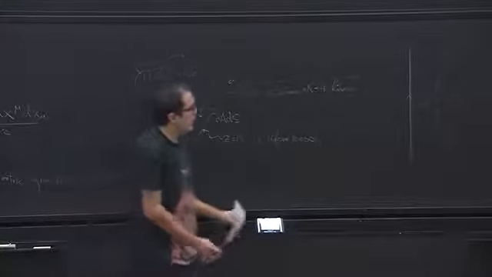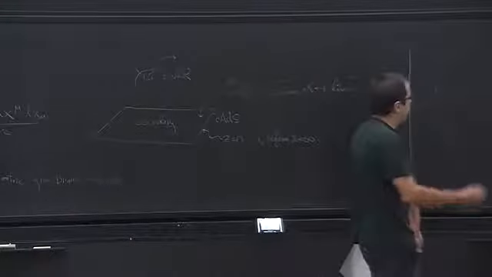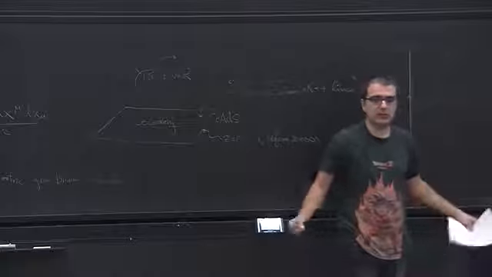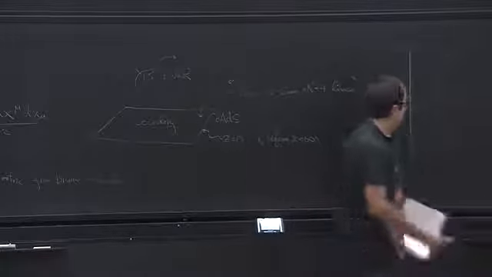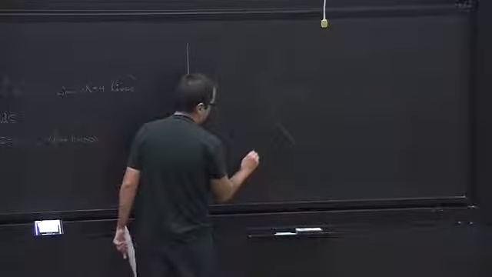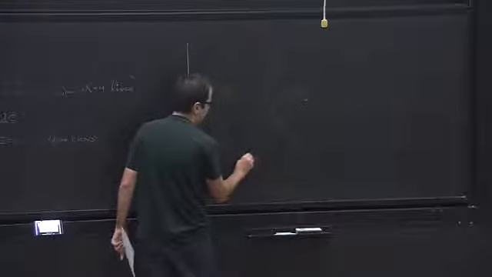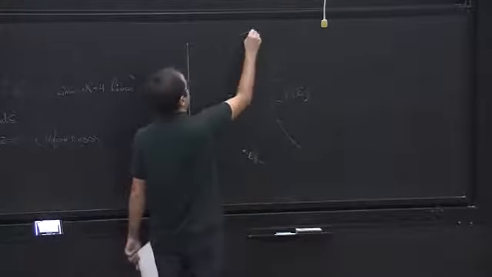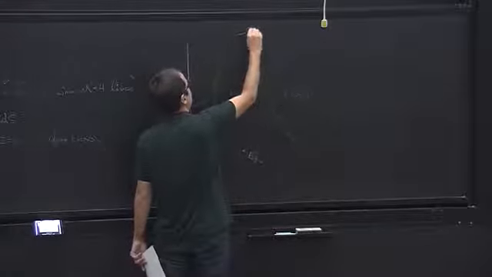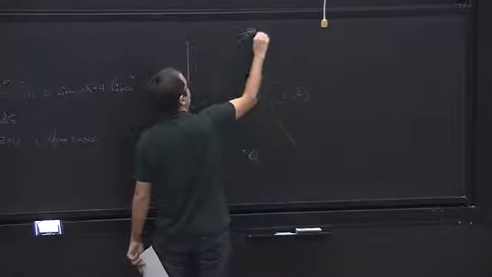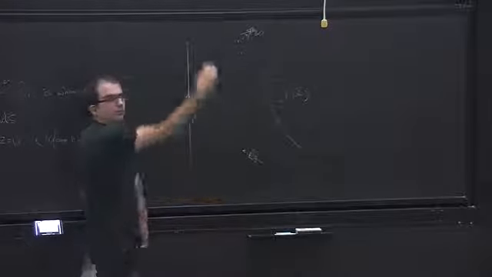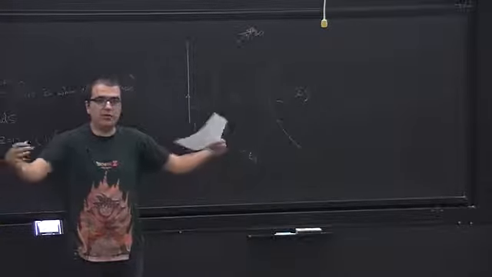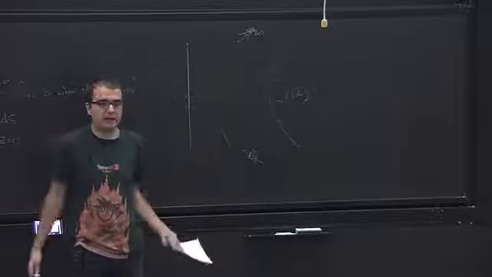Because if you want to say, where is the region where I should put my sources? If I want to consider some in process and some out process, well, this is where I should put my sources. I should put a machine here that throws particles in from infinity, and then a machine here that absorbs particles at infinity again. So this is where I put my apparatus. I put it at infinity in the region where it doesn't feel the proton. And I throw stuff in and I get stuff back.